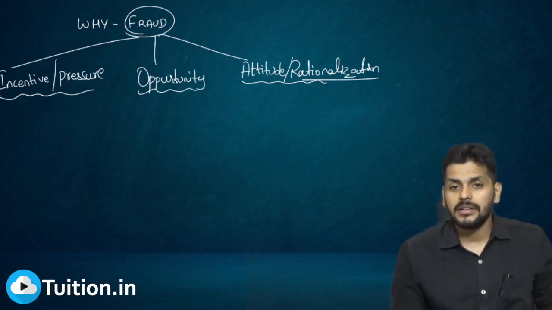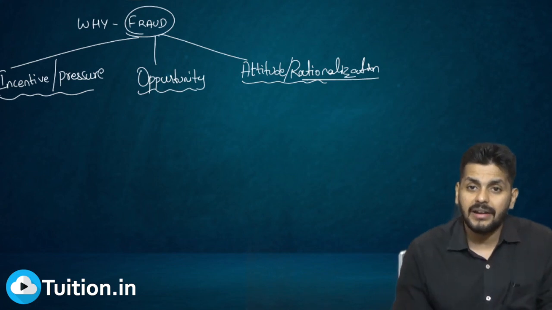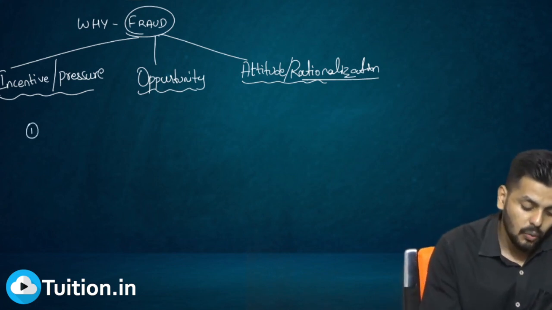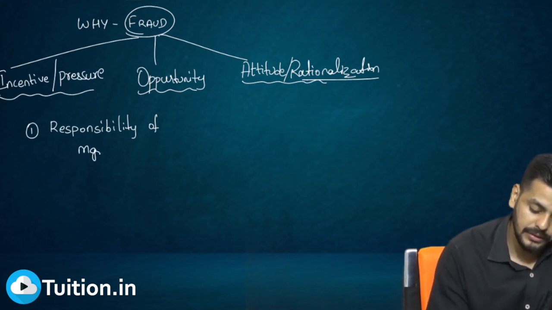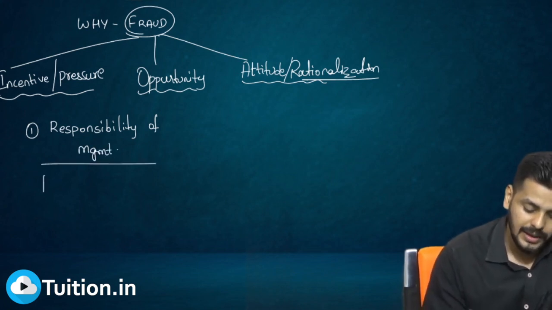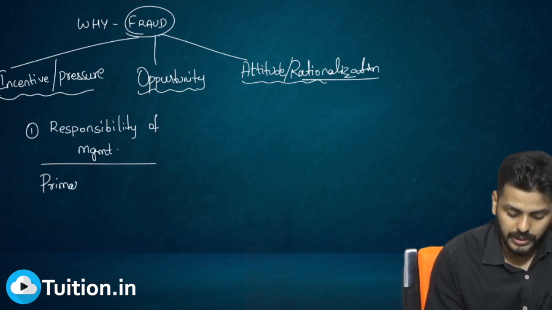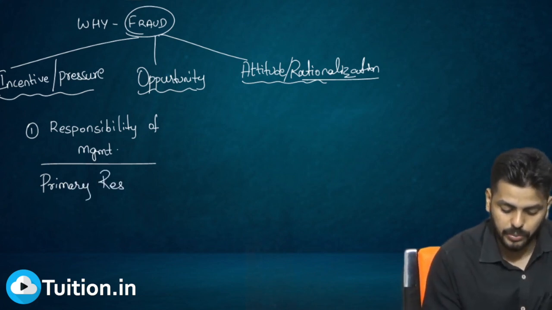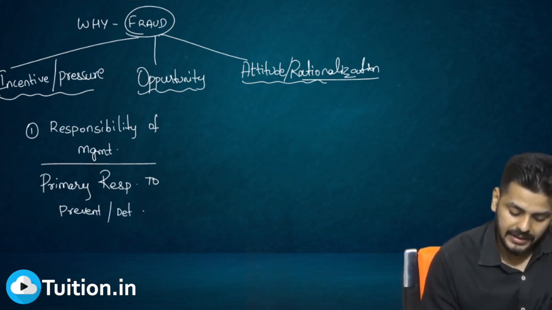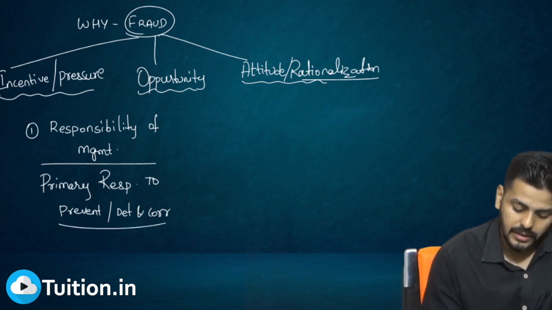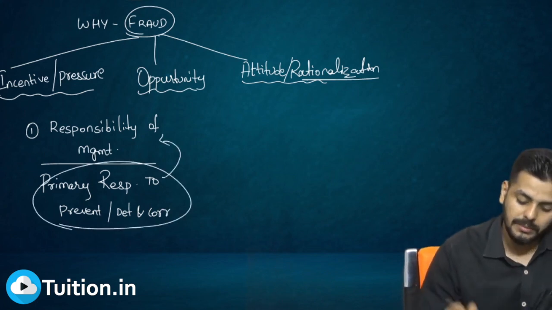Now let me take you through the two important parts. The standard 240, wherein you're talking about, one, responsibility of management. Yes, this is very important, because the primary responsibility to prevent or detect and correct a fraud, the primary responsibility to detect a fraud, rests with the management.